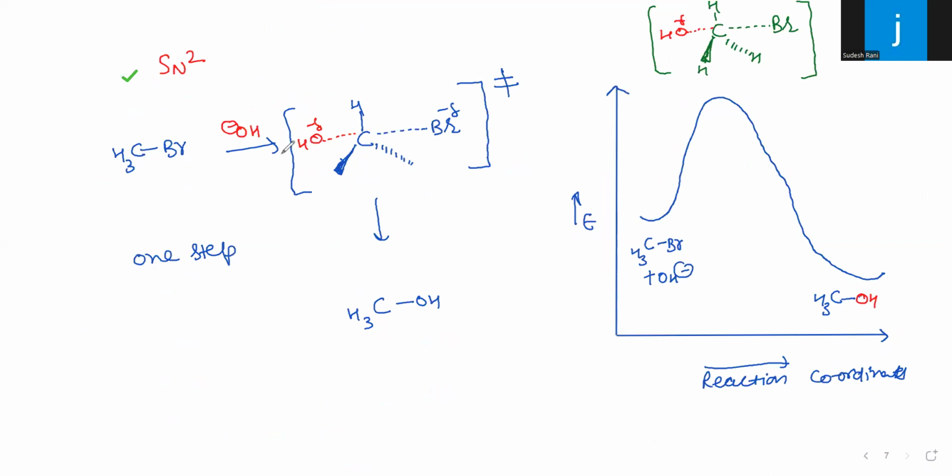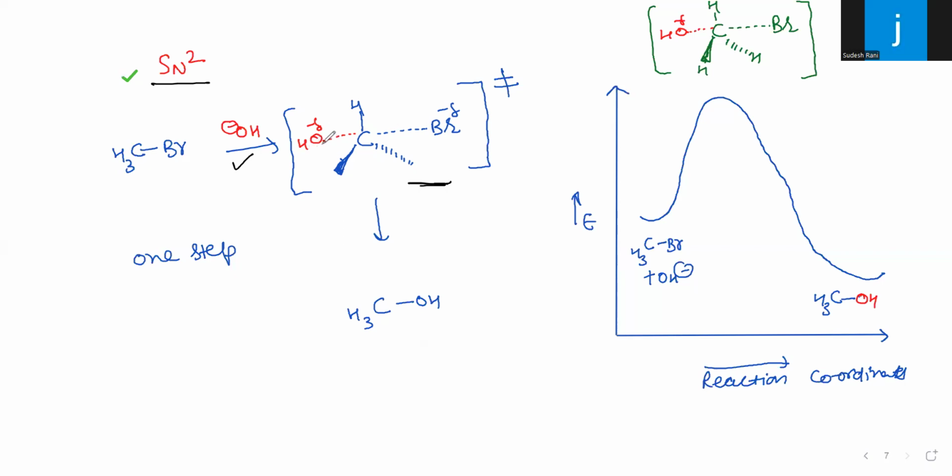What happens in case of the SN2 mechanism? Here we have taken the substrate methyl bromide, and OH negative is the nucleophile. In this case, a transition state is formed. As you can see here, the bond between carbon and bromine is a dotted line. It means this bond is getting weak.